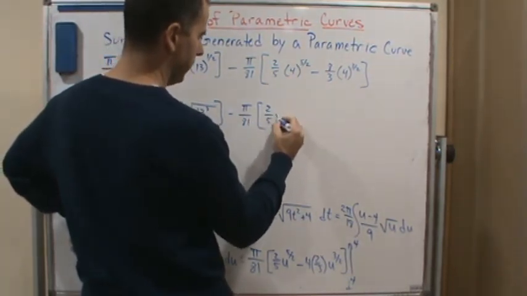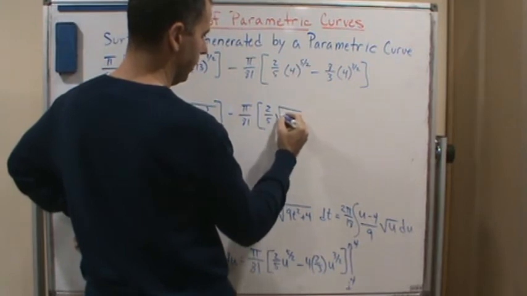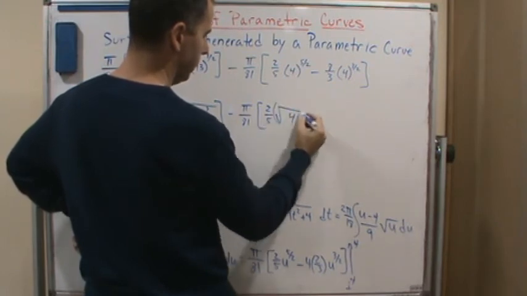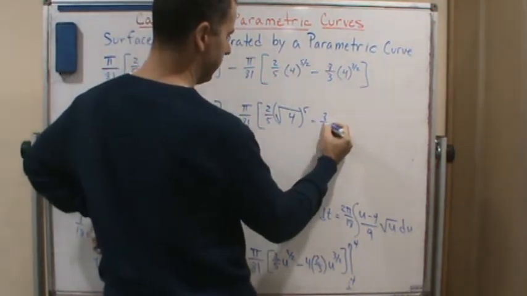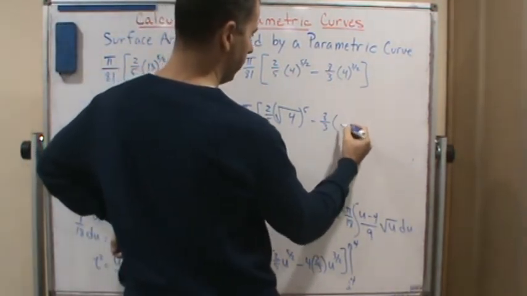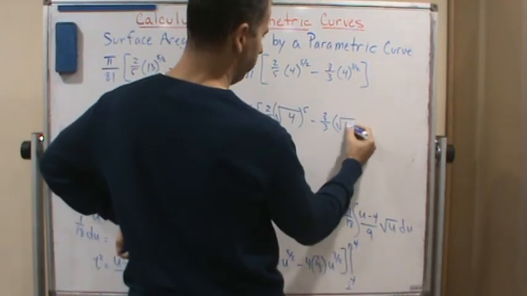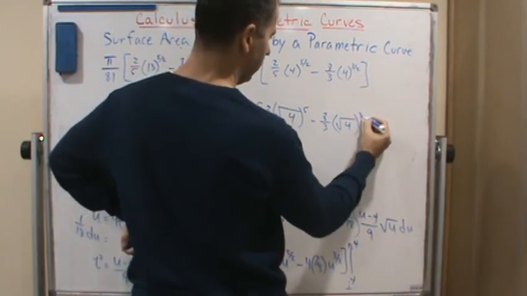So this is going to be the square root of 4 quantity to the 5th, minus 8/3 times the square root of 4 to the 3rd.